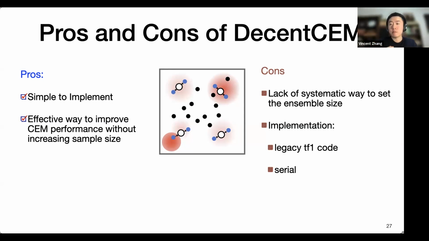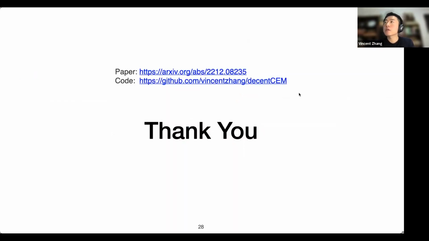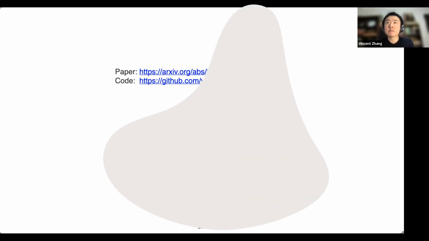Each instance should be running in parallel and only in sync at the argmax step. So there's some room for better and faster implementation. I think the last 2 points here can be addressed simultaneously. And so yeah, the paper and code is here. Thank you for your attention.